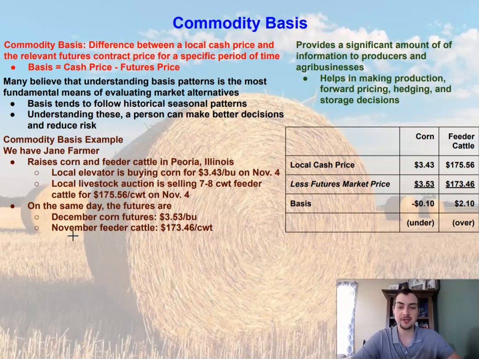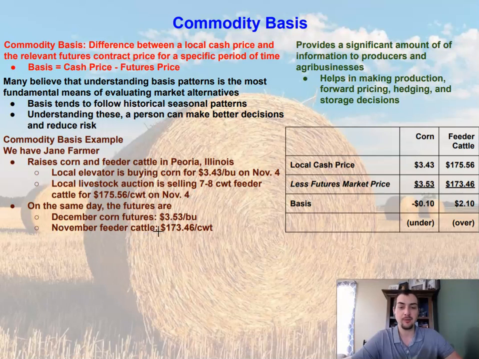In this particular example, they're going to be selling corn in December, so they're going to be looking at the corn futures market. This might be, as it says right here, November 4th. They're going to be selling that corn in December, so they're looking at the December, or the next closest, commodity contract price, that relevant futures contract.